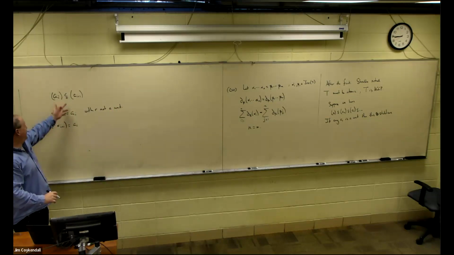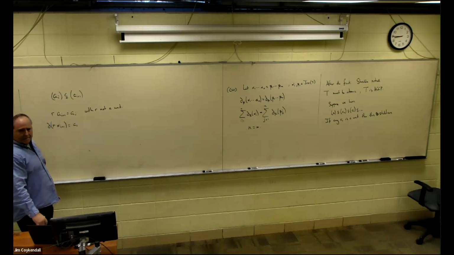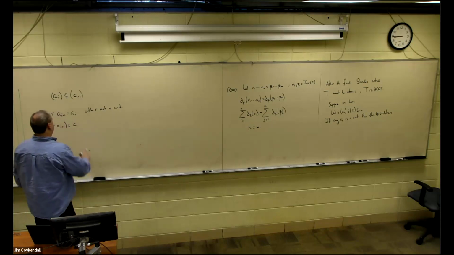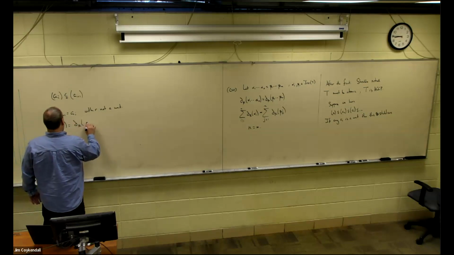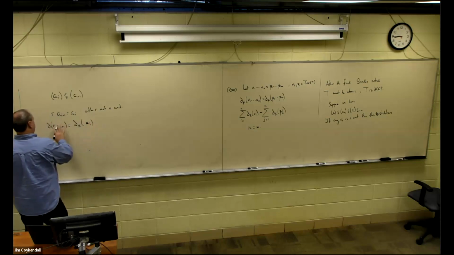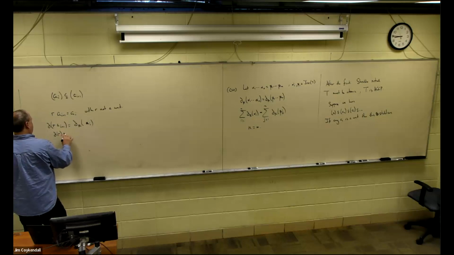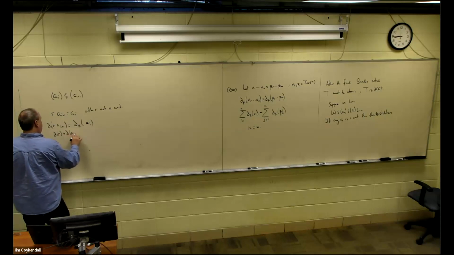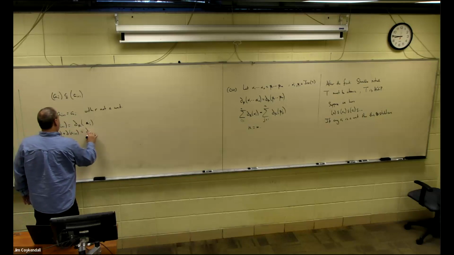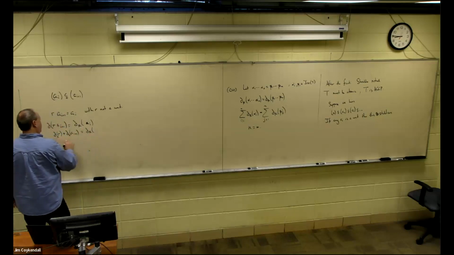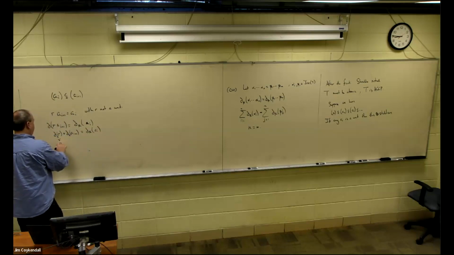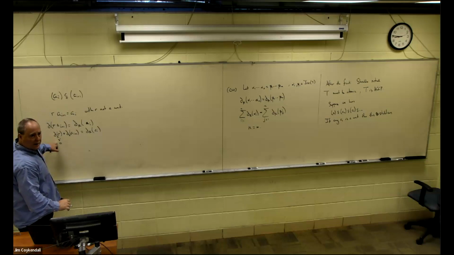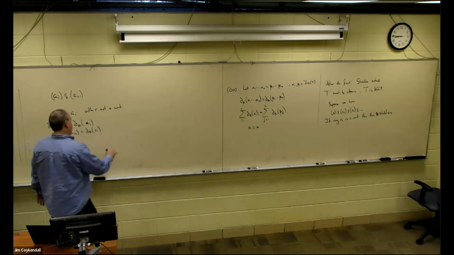If it's strict, r can't be a unit, right? So take the boundary of this. Boundary of A_i equals boundary of A_{i+1} plus boundary of r. But this is greater than 0, if it's not a unit.